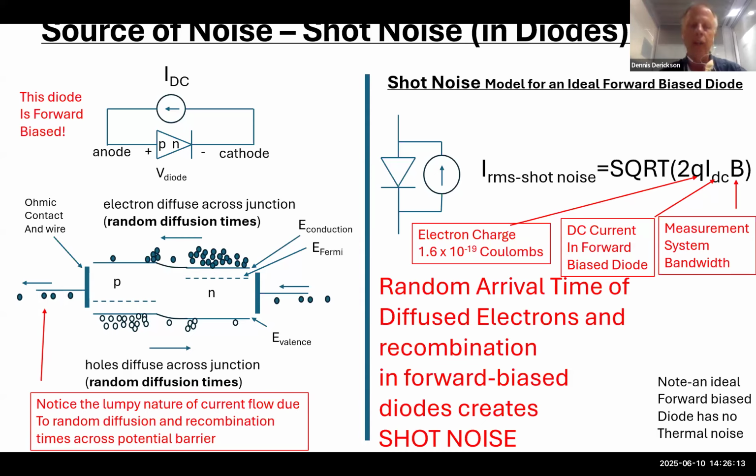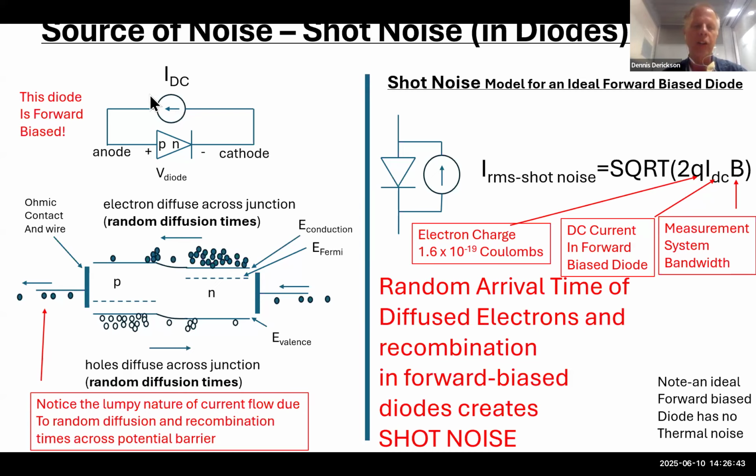So if we're describing a shot noise mechanism, we use this formula to describe the magnitude of the shot noise. The RMS value of the shot noise right here, not the DC current, but the value of the noise, is the square root of 2 times the charge on an electron, which is 1.6 times 10 to the minus 19 coulombs, times the DC current flowing through the diode.